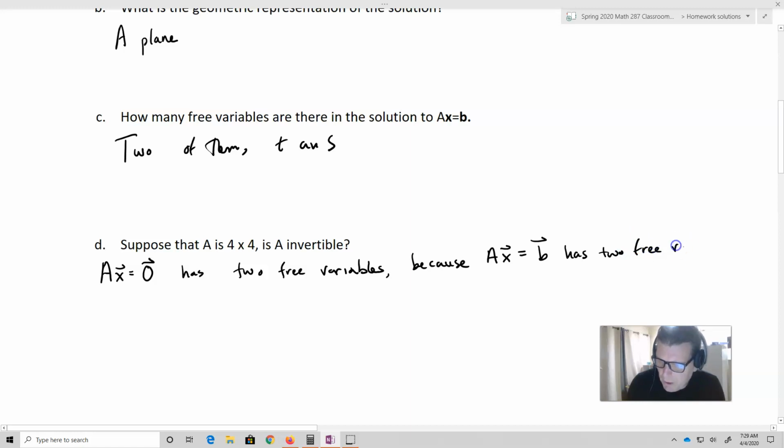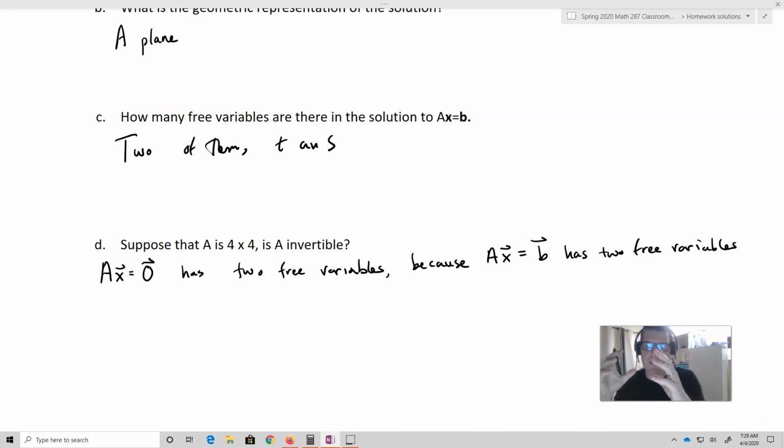The number of free variables inside of a system is really dependent upon the coefficient matrix. If Ax = 0 has two free variables, then every Ax = b, if it has a solution, will have two free variables as well.